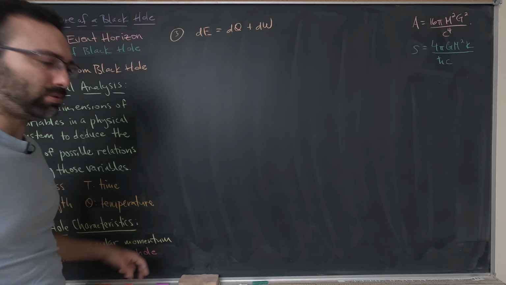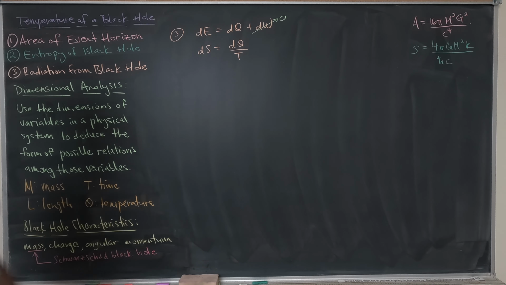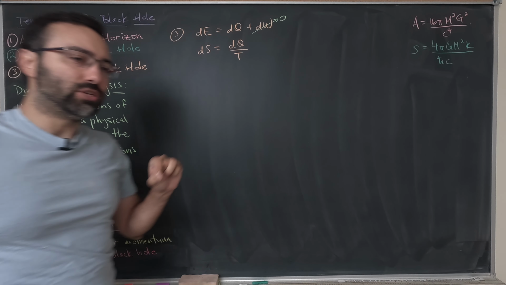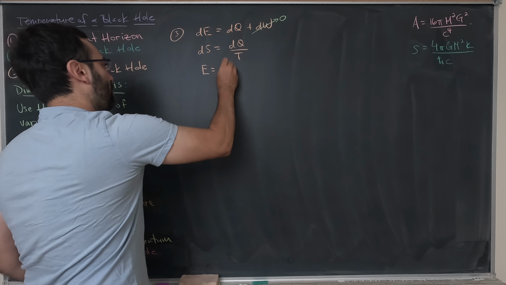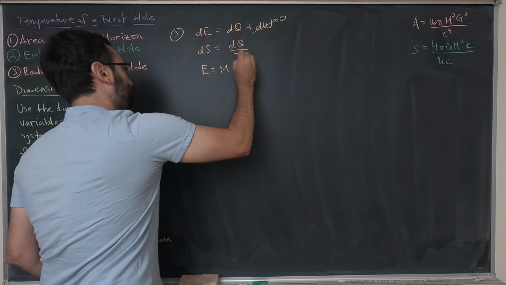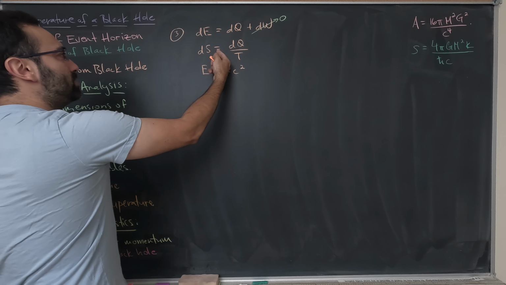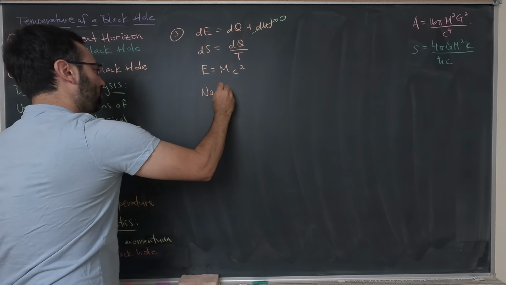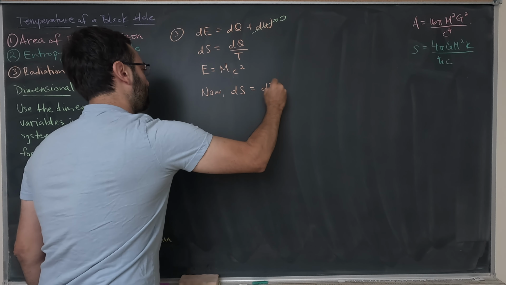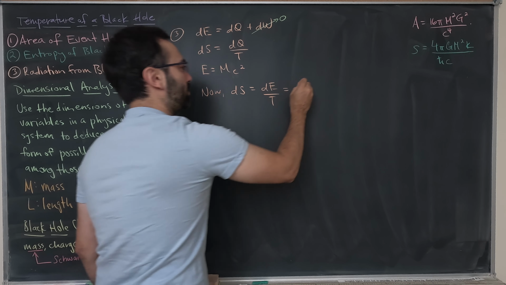But we also remember from the previous board that dS equals dQ divided by T. But now let's also say that if the total energy content of the black hole is given by E equals mc squared, then we can combine these relationships into the following. First of all, dS equals dQ, or in other words, dE over T. But E is nothing more than mc squared.